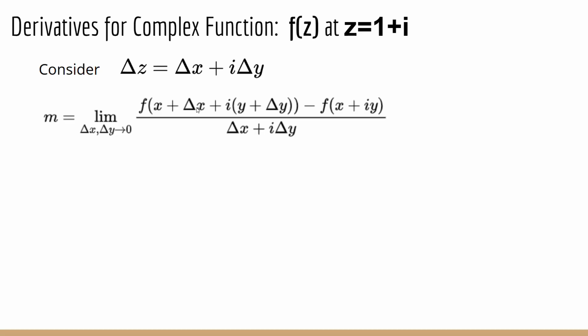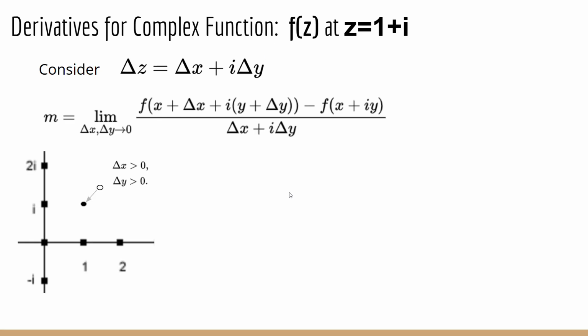Essentially, for our complex function, the gradient is just going to be f of z plus delta z minus f of z over delta z, analogous to our real functions.